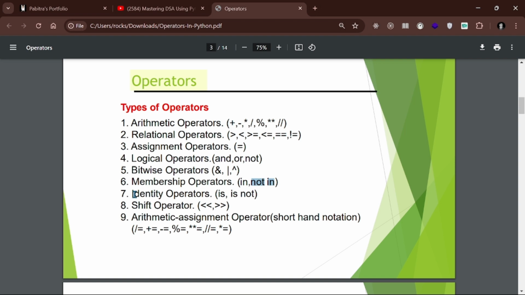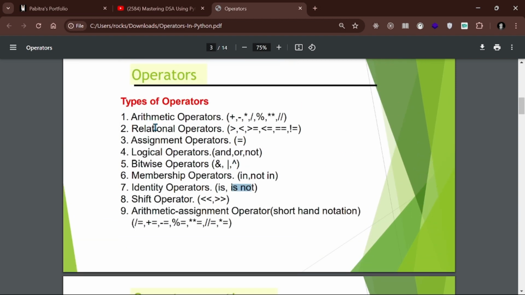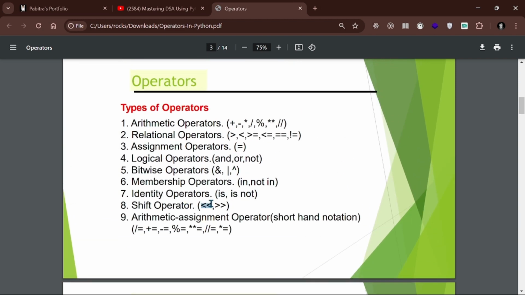Now we have identity operators. These operators help us compare the memory locations of two objects: is and is not. This is useful for checking if two variables are actually pointing to the same thing in memory or not. Then we have shift operators. Here we have the left shift operator and the right shift operator. There are basically these two types of shift operators.